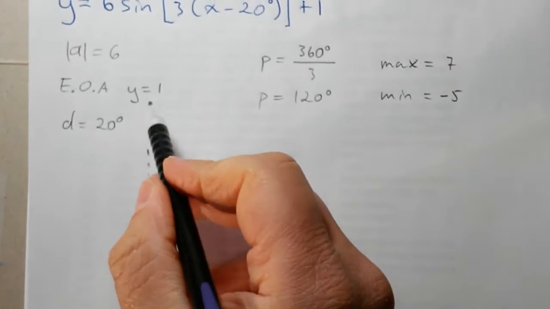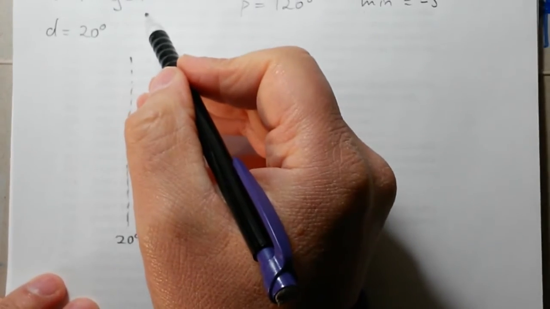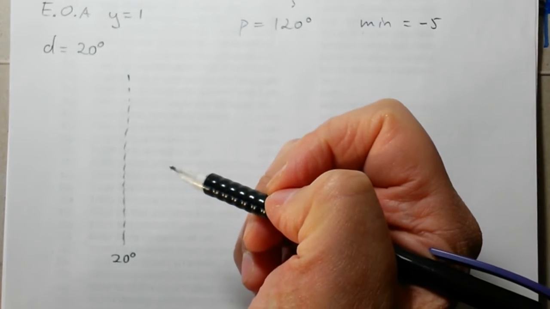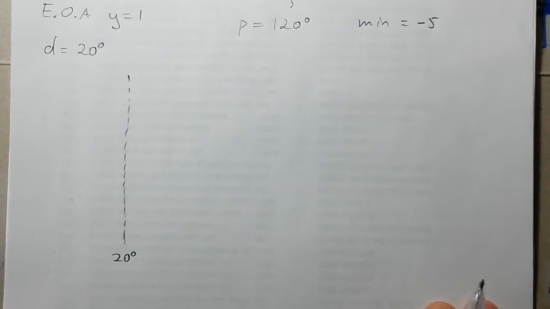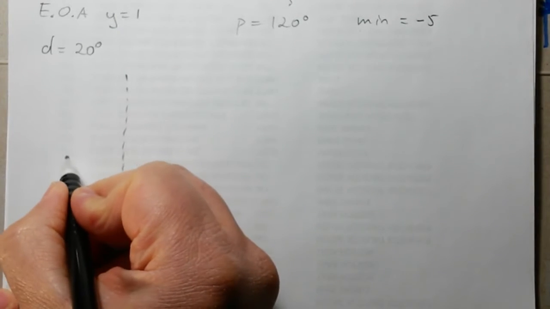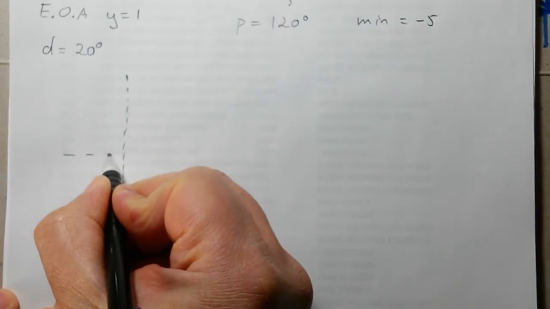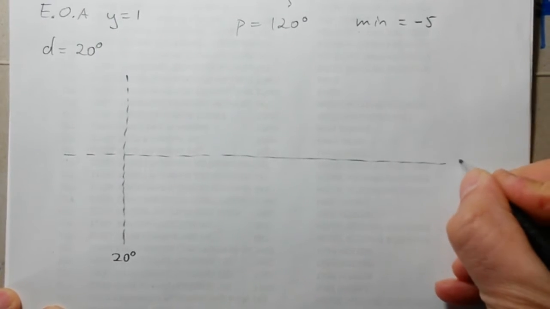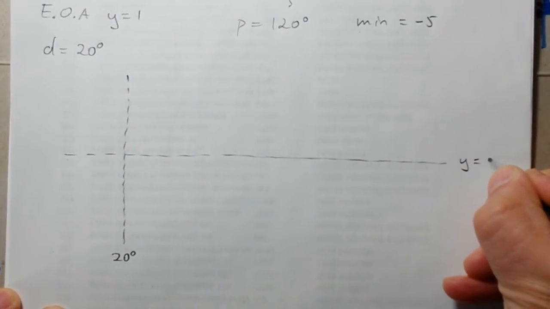And the equation of axes here happens to be 1. So 20 degrees. Hopefully you guys can see that. Then the equation of axes is at 1, so also a dotted line like this, and at the end label it as y equals 1.